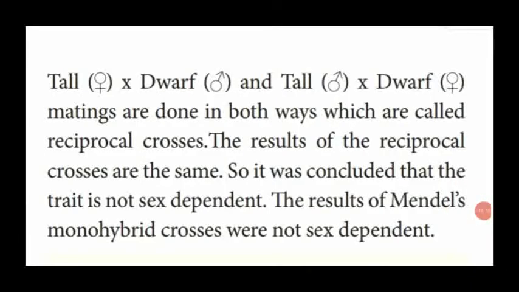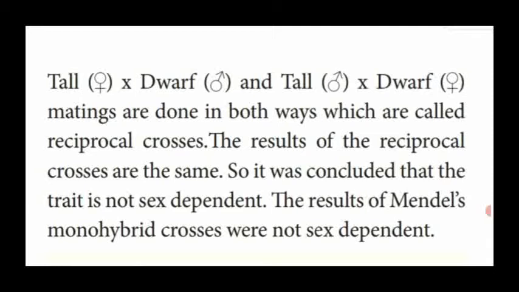Dear students, see the symbol given here. First reciprocal cross, what have you taken? Tall pea plant, that is the female, is pollinated with the pollen of dwarf plant. So all are tall plant. And the second one, the pollen of the tall pea plant, that is the male plant, is pollinated with the dwarf pea plant, acting as a female.